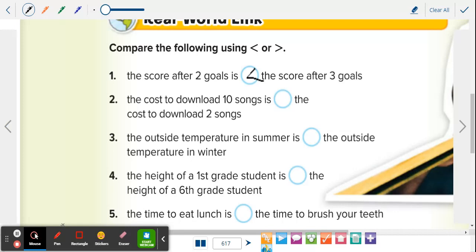Number 2, the cost to download 10 songs is blank the cost to download 2 songs. Greater than. It costs more to download 10 than 2. Number 3, the outside temperature in summer is blank the outside temperature in winter. Greater.